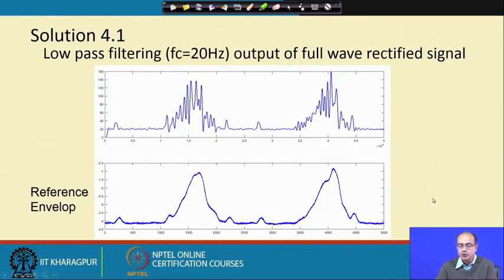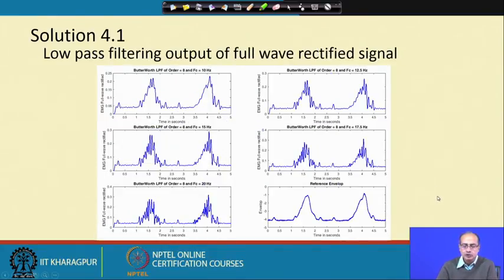Okay. And to compare them, we put them together. What we see here is that starting from 10 hertz, as we increase the cutoff frequency to 12.5, 15, 17.5, 20, in each of these cases we have an increase in the ripple in the output.